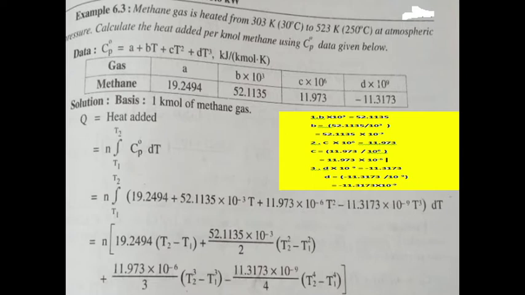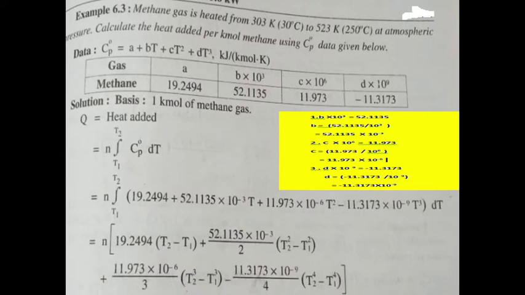First we are going to find the Cp0 expression. We already have the polynomial expression in terms of the A, B, C, D constants, so substitute the values into it.